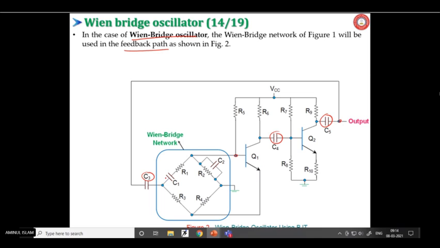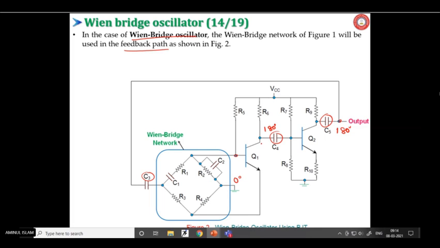As the network gives no phase shift, you need two BJTs, 180 degrees here, another 180 degrees here. So altogether 360 degrees. Here the bridge is offering zero phase shift.